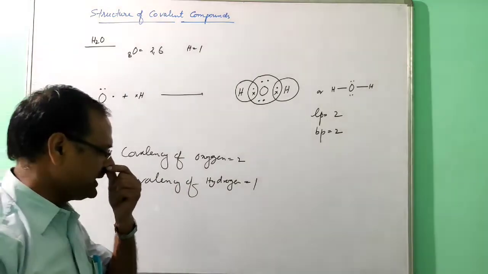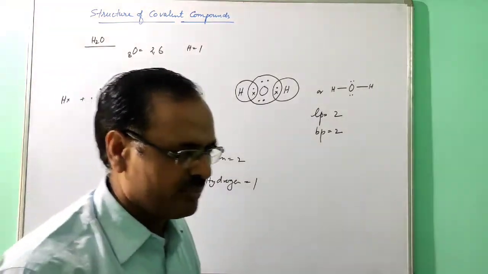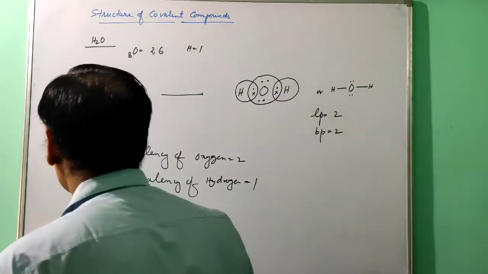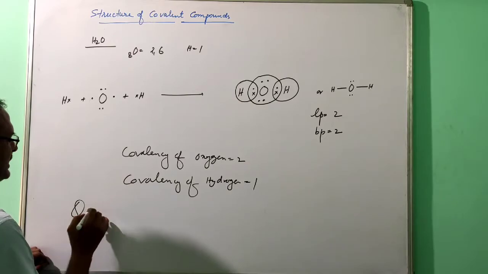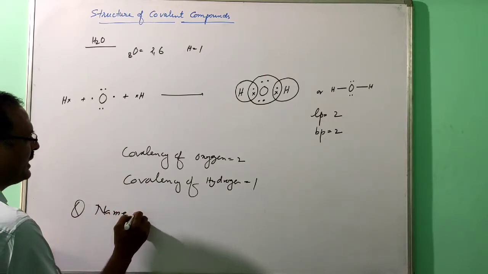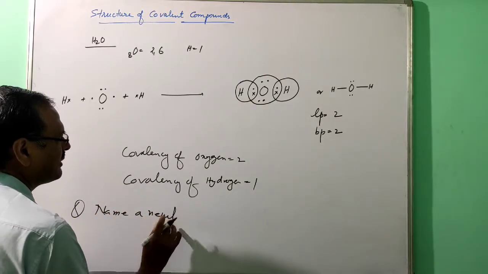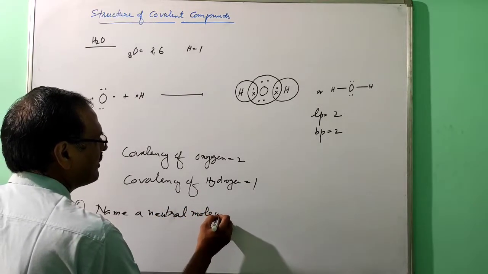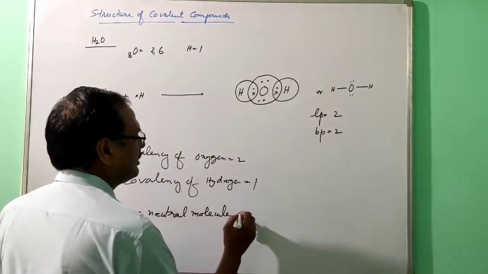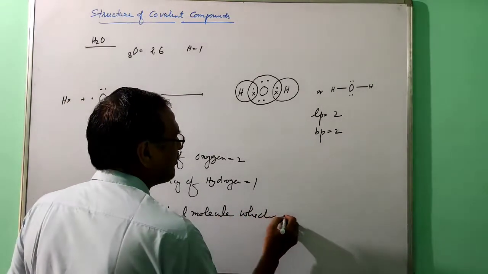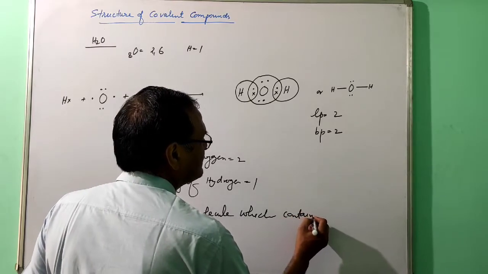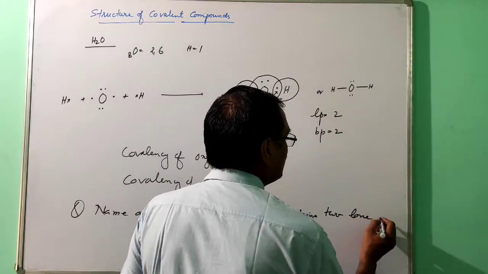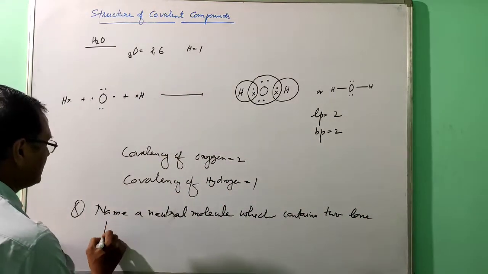Now next, this question can be asked in board paper, and has already been asked: name a neutral molecule which contains 2 lone pairs of electrons.